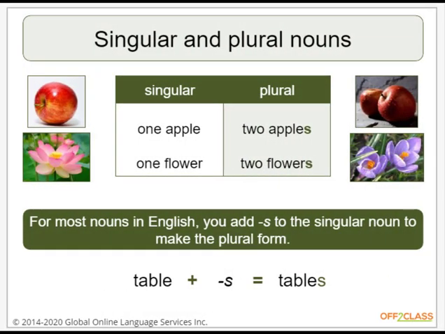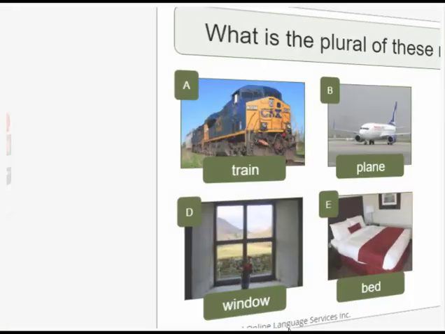So, singular and plural nouns, right? One apple, one flower, two apples, two flowers. In English, we typically just add an S to a singular noun to make the plural form, right? So, singular noun, table, turns into a plural noun. So now it's tables. Table plus S equals tables.